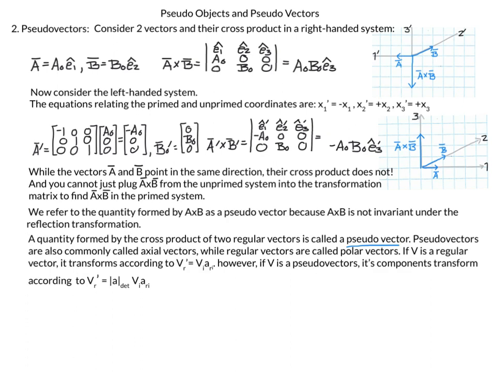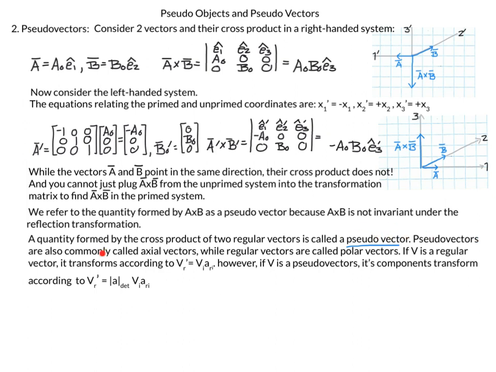So remember when we said reflections will bring about pseudovectors? Well, here we have a reflection, and we see that this cross product of two regular vectors will bring out a pseudovector. So we don't want to call A cross B a vector anymore. We're going to call it a pseudovector.